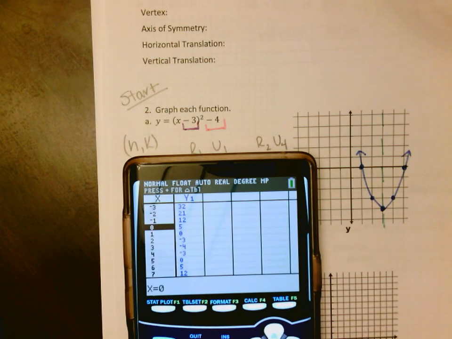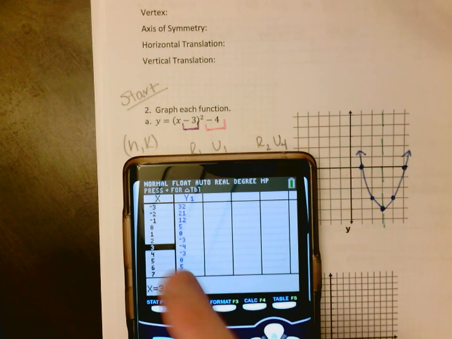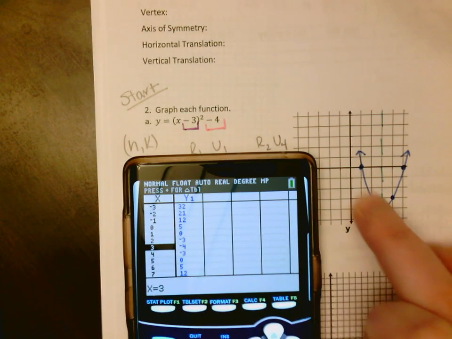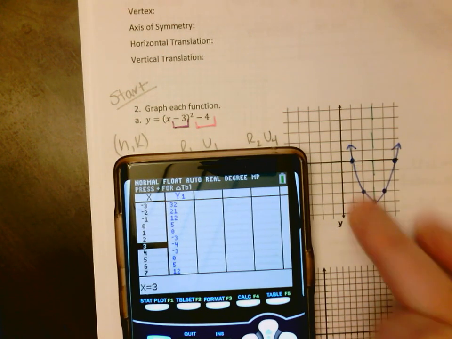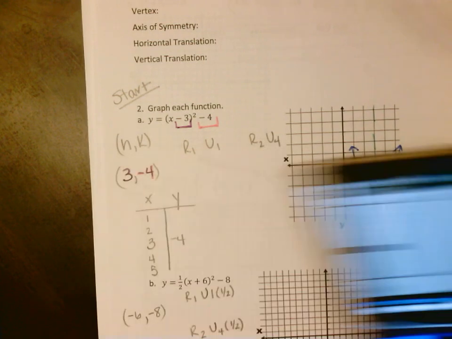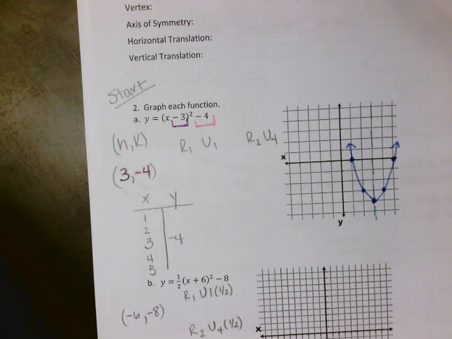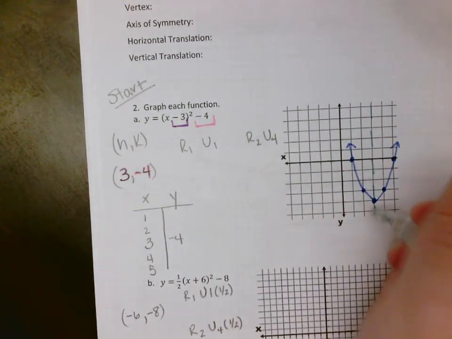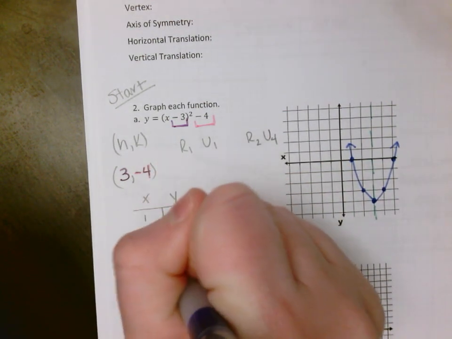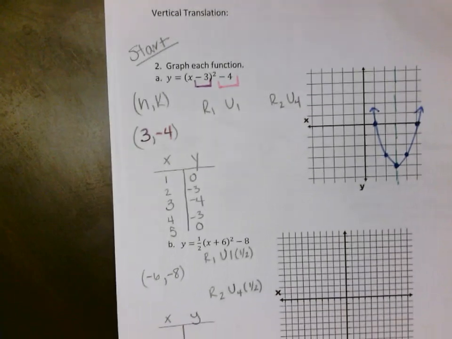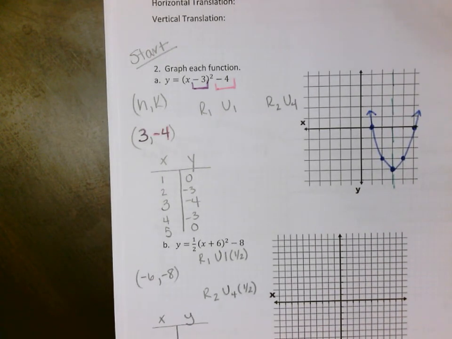So now at 3, -4, you can see my points of 3, -4, 1, 0, and at 5, 0. So graphed it out. That's what you can do as well. So then on here it would be 2 is -3, -3, 0, 0. So I apologize for that. That's all you need to do.